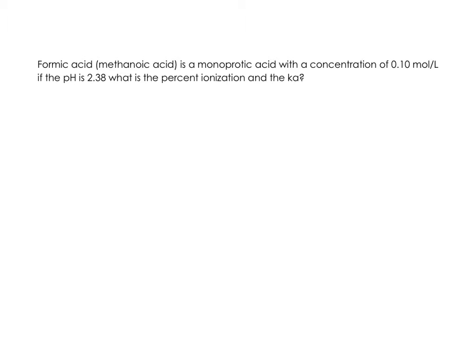Methanoic acid contains one carbon. So this is one of your carboxylic acids. And you can write it out like this, or we write carboxylic acids in a similar way to other acids, and that first H is the acidic hydrogen, which is that hydrogen.